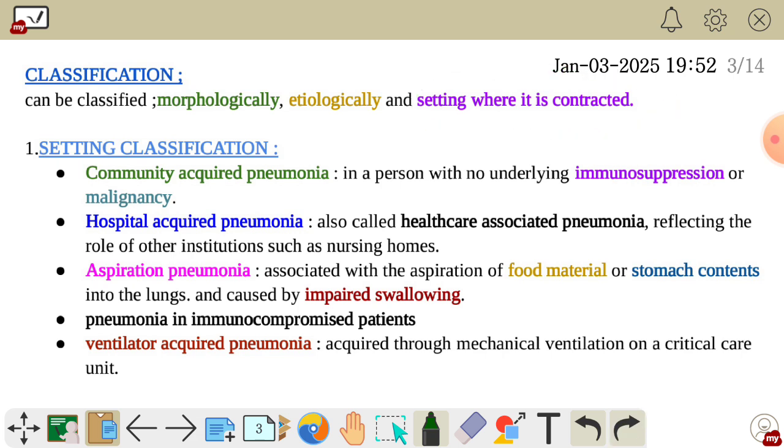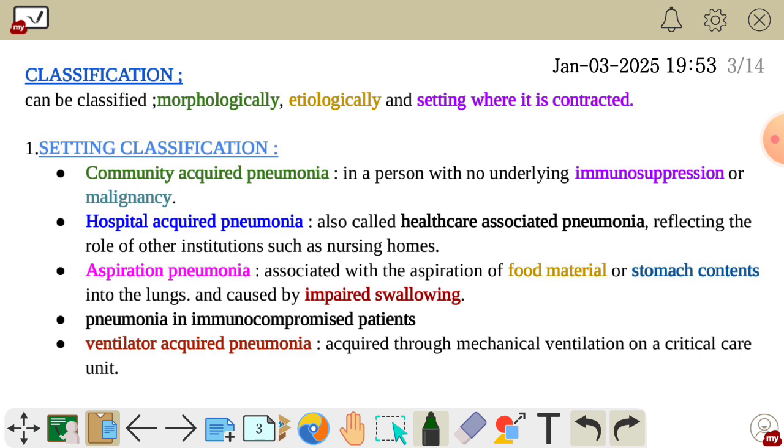Classifying pneumonia using the setting where it is contracted, we are going to classify pneumonia as community-acquired pneumonia. That is if a person with no underlying immunosuppression or malignancy acquires that pneumonia in the community, then that pneumonia will be called community-acquired pneumonia.